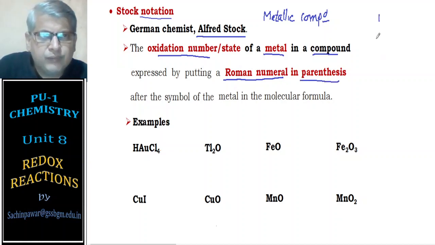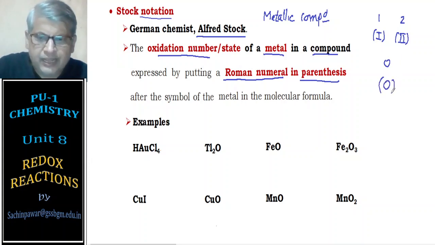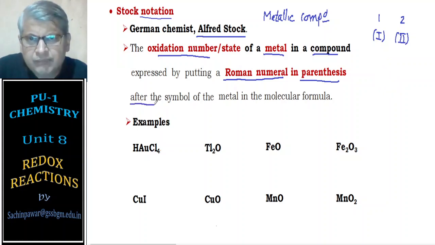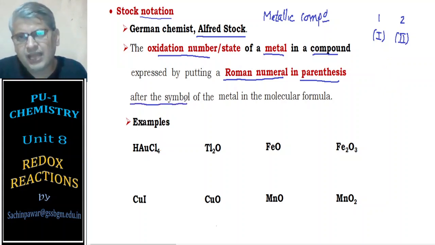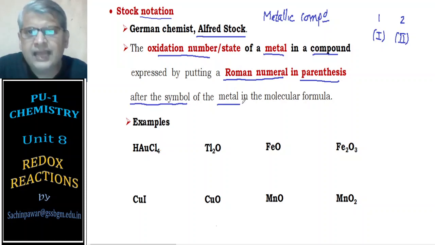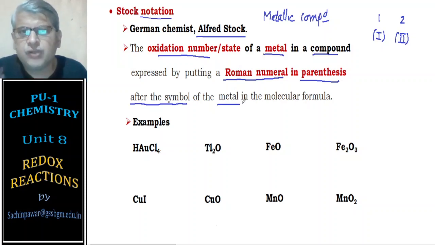For example, if it is 1, write Roman numeral I. If it is 2, write Roman numeral II. If it is 0, write 0. The Roman numerals are written just after the symbol of the metal, and that's it, that is the writing of Stock notation.